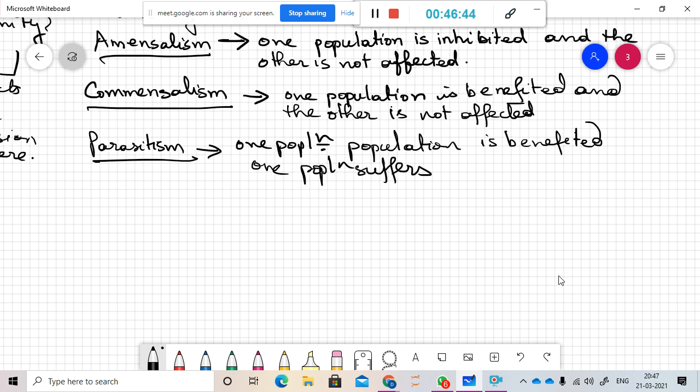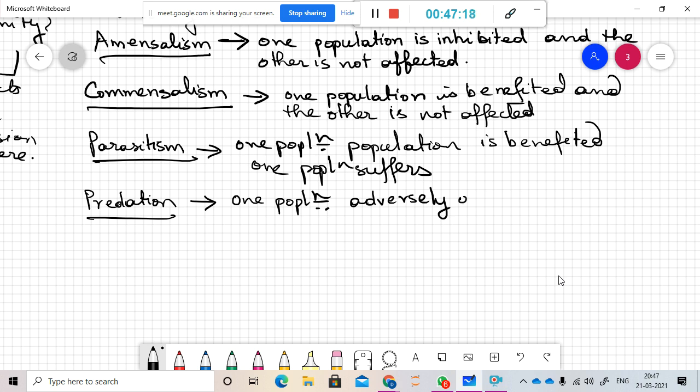Then you have predation, in which one population adversely affects the other by direct attack, but nevertheless depends on the other.